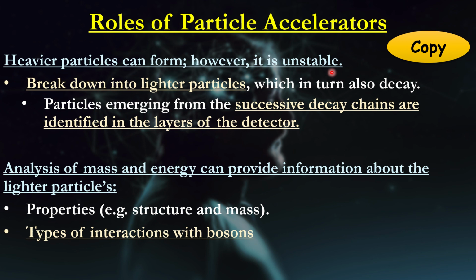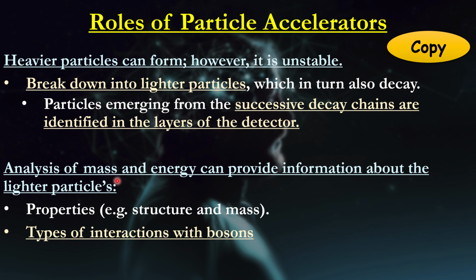But the value of having unstable or heavy particles is they will break down into lighter particles, which can decay further. The beauty of that is we can observe a successive decay chain, and look at different types of particles or radiation emitted in that process with different detectors.